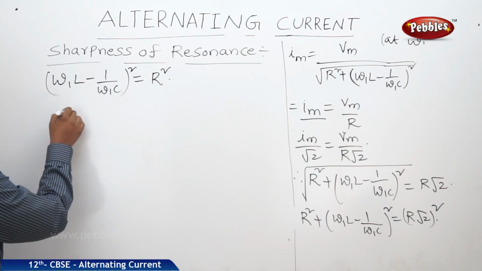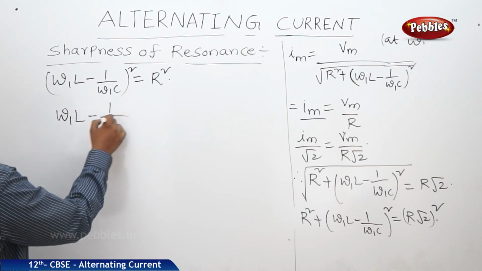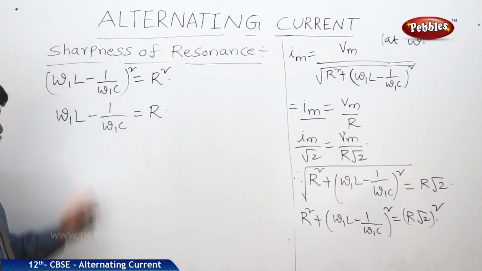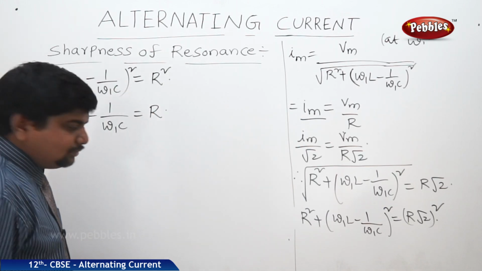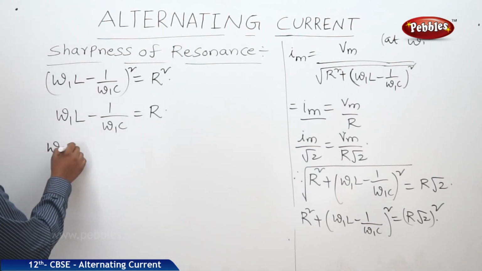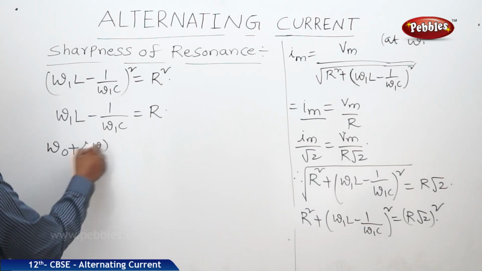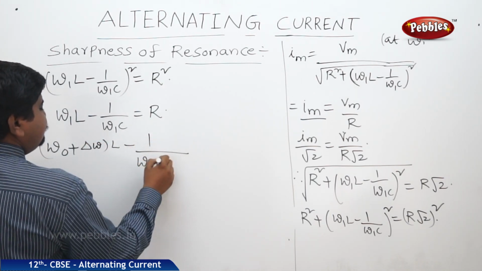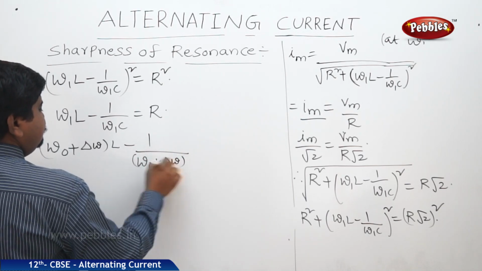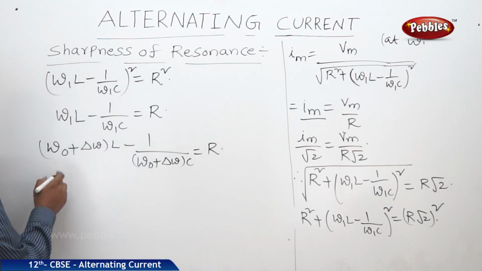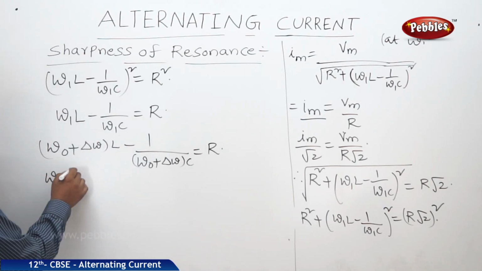From this we can write omega 1 L minus 1 by omega 1 C is equal to R. So what is omega 1? Omega naught plus delta W. I am substituting this omega 1 value. Therefore, (omega naught plus delta W) into L minus 1 by (omega naught plus delta W) into C is equal to R. Here I am taking omega naught as common.